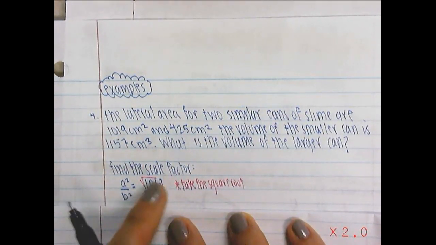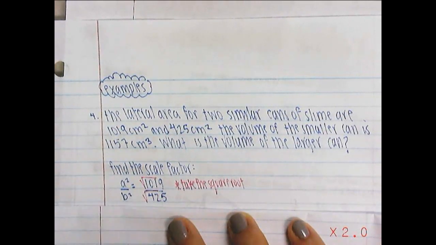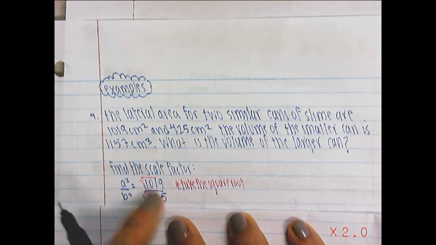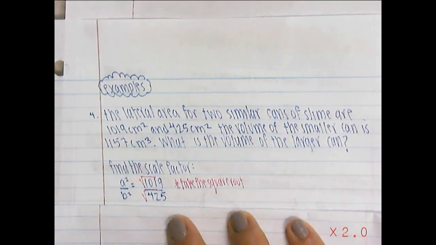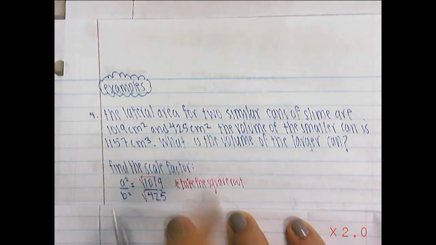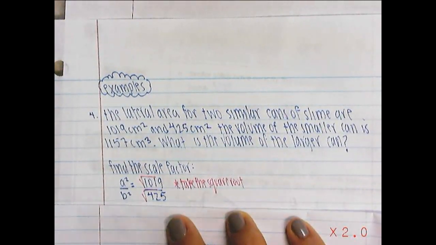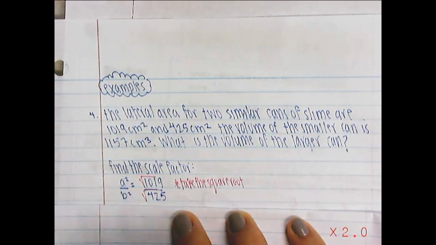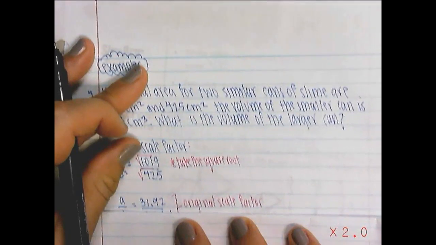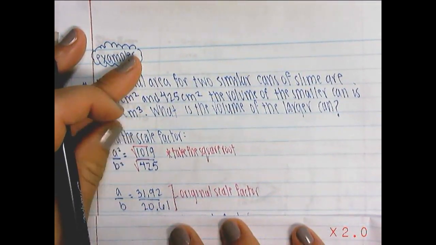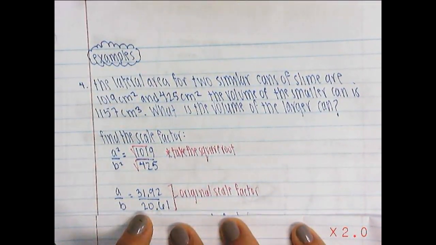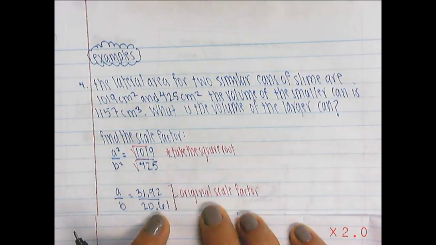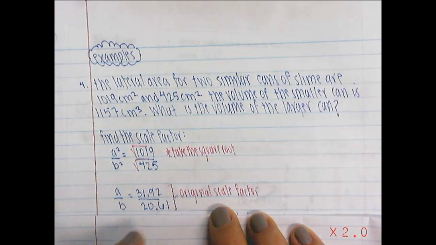So we need to get it down to its normal original scale factor. And by doing that, we're going to take the square root. So we're taking the original scale factor they gave us, which was in area, and we're going to bring it back to the basic scale factor by taking the square root. All right, so when we do that, we get 31.92 and 20.61. That's your original scale factor, okay?